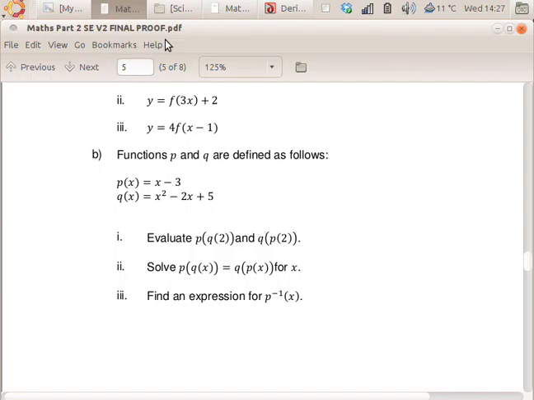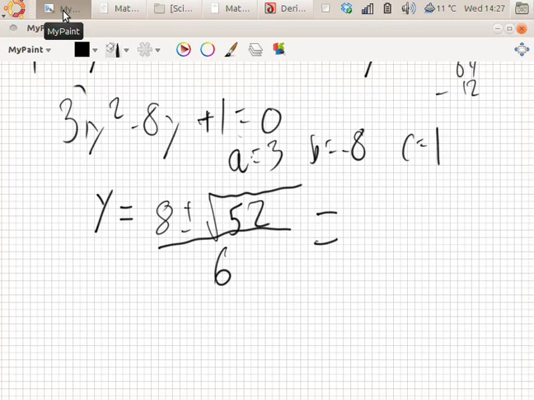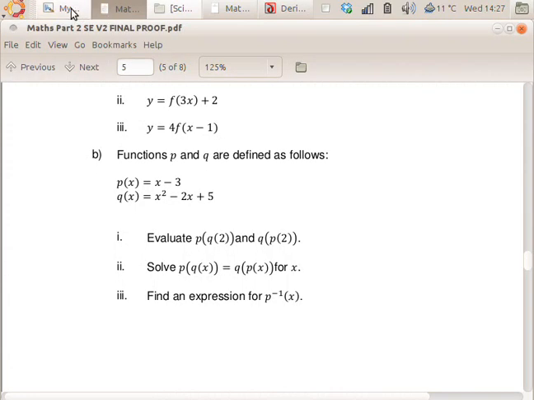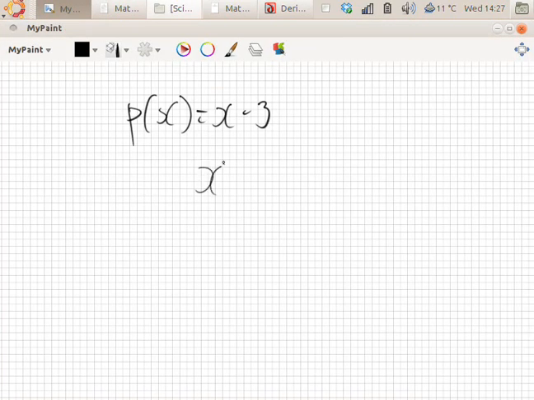Okay, so now, what was the p(x)? x minus 3. And then the q(x) was x squared minus 2x plus 5. Or what did I say, minus or plus? Plus.